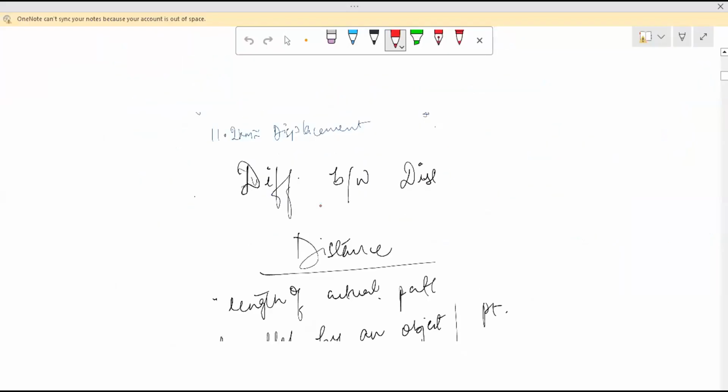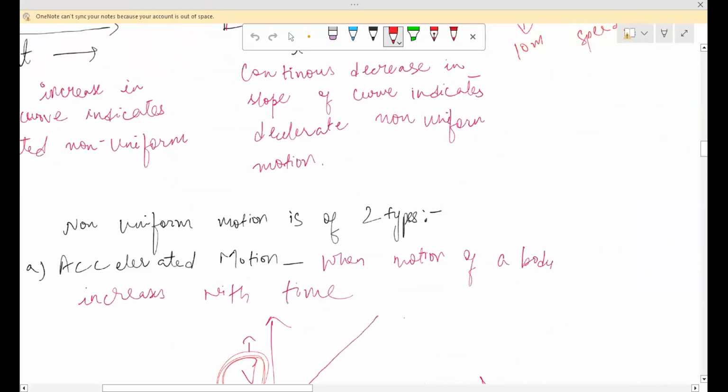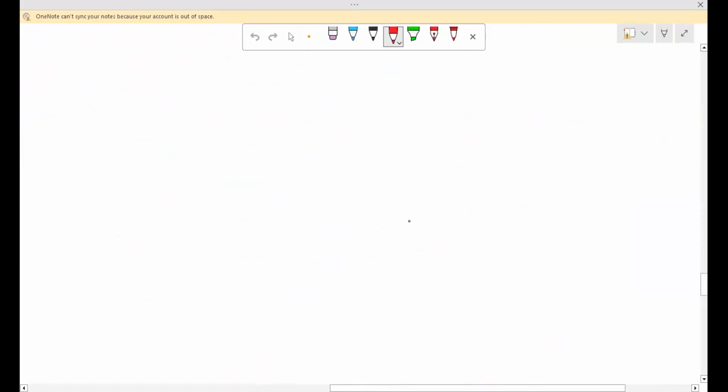So we were discussing equations of motion, right? Yes, Abdullah, tell me the second equation of motion.